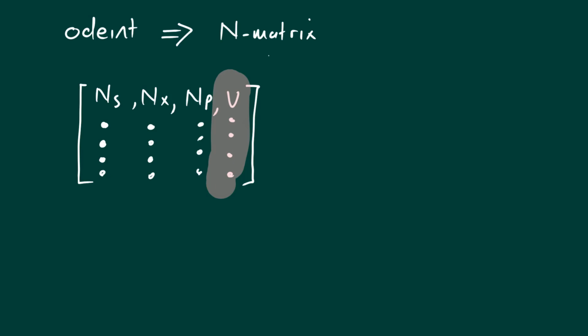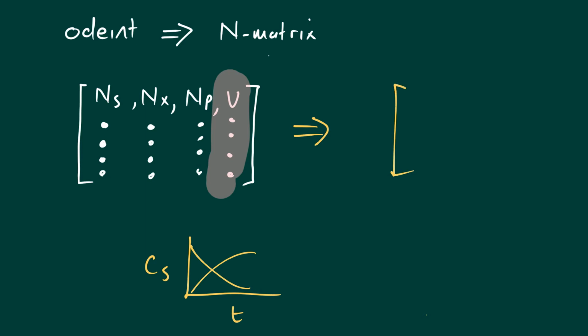Okay, so in the end, we are always interested in plotting concentration profiles against time, whatever they are. So if you want to convert the N matrix, so the integration is done, we now just want to do a step so that we can get back to our old concentration matrix, the one we always had returned from odeint.